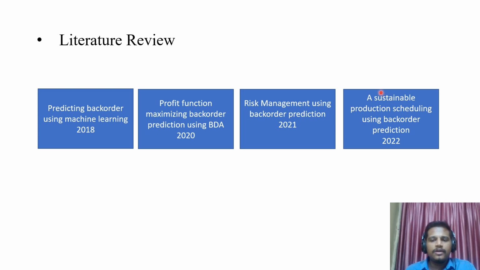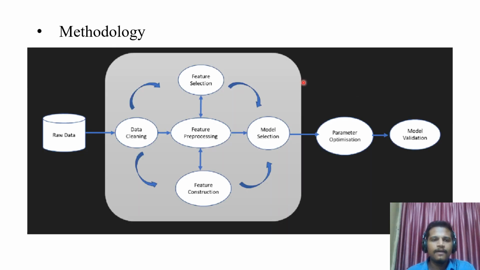And following that, in 2022, a sustainable production scheduling was developed using backorder prediction. So they associated the production scheduling, like how the production should be scheduled, with the backorder prediction.